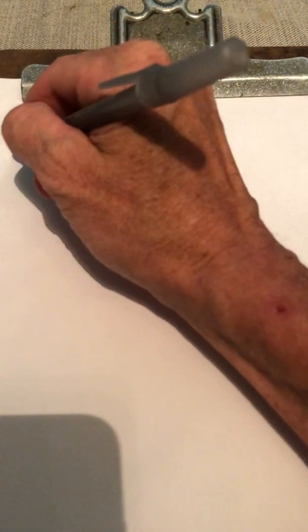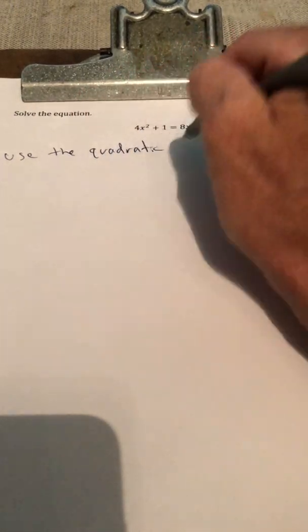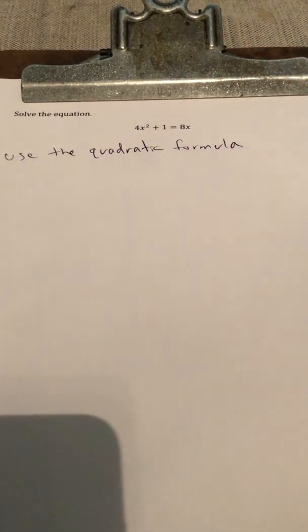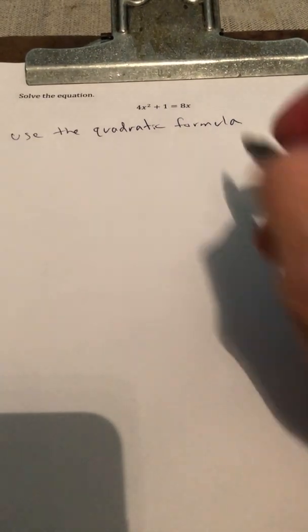We want to solve the equation 4x squared plus 1 equals 8x. We're going to use the quadratic formula, which means that we need to get this equation into standard form.